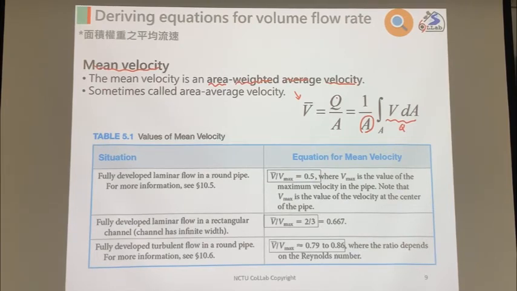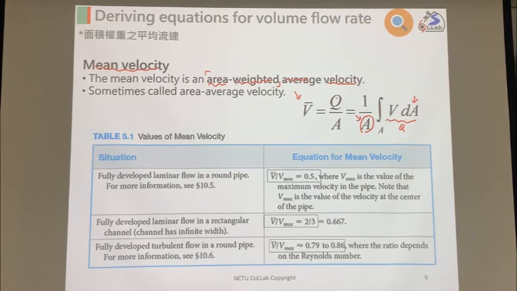Why do we call that area weighted? Because this is the weight, right? And this is the velocity. So we compute the weight, but the weight coefficient is divided by the area size. So that's why we call that area weighted. But why do we call that average?